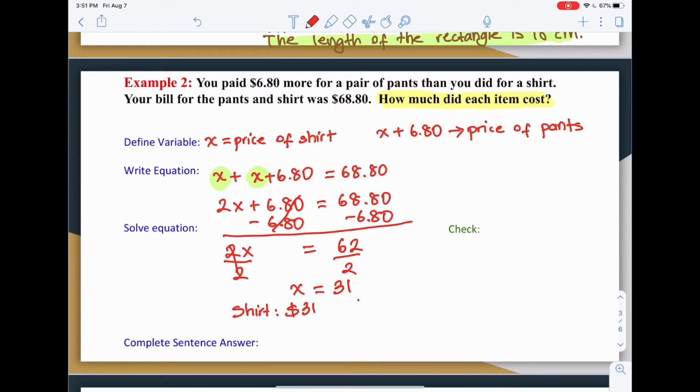So it is going to be $31 plus $6.80, which will give us $37.80. And let's write our complete sentence.